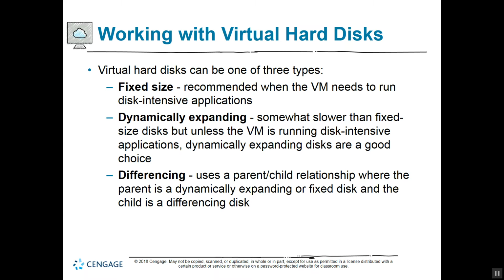Now, when it comes to virtual hard disks, they can be one of three types: a fixed size, dynamically expanding, and differencing. Now the first two we've talked about quite a few times already in the last couple of chapters. Differencing uses a parent-child relationship where the parent is a dynamically expanding or fixed disk, and the child is a differencing disk.